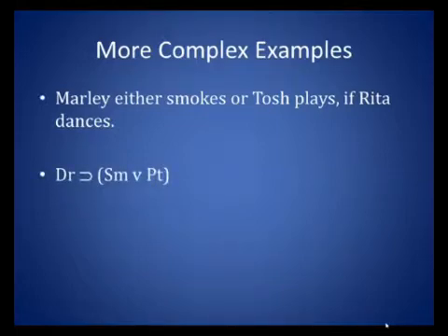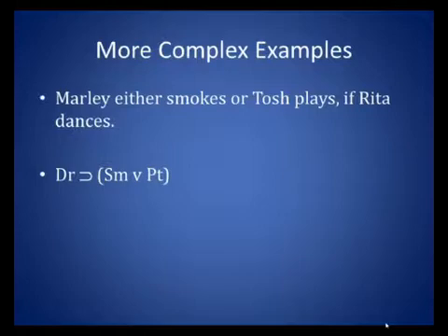If Rita dances, then Marley smokes or Tosh plays. Again, the capital D standing for dance. It's our predicate letter. We use the individual constant R to represent Rita. We use the individual constant M to represent Marley, and the individual constant T to represent Tosh. And then we're going to use predicate symbols S and P for smokes and plays. Again, I want to make clear, notice that the Rita dances part is our antecedent because it follows the word if.